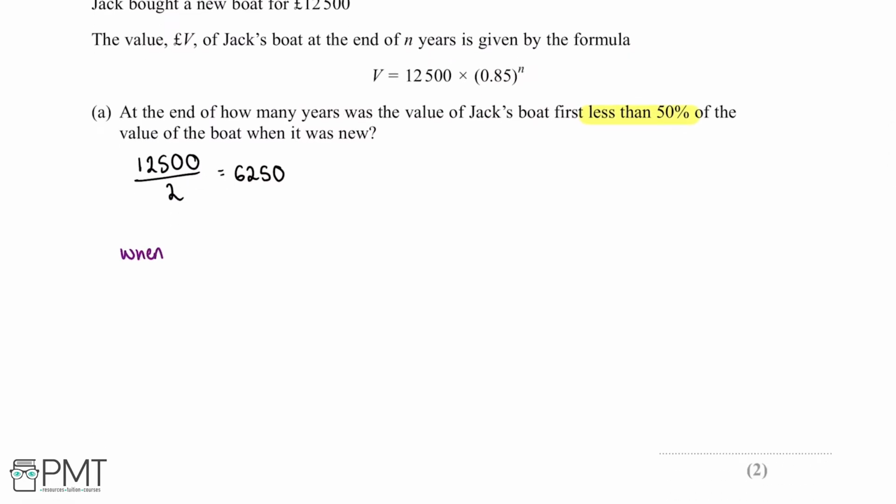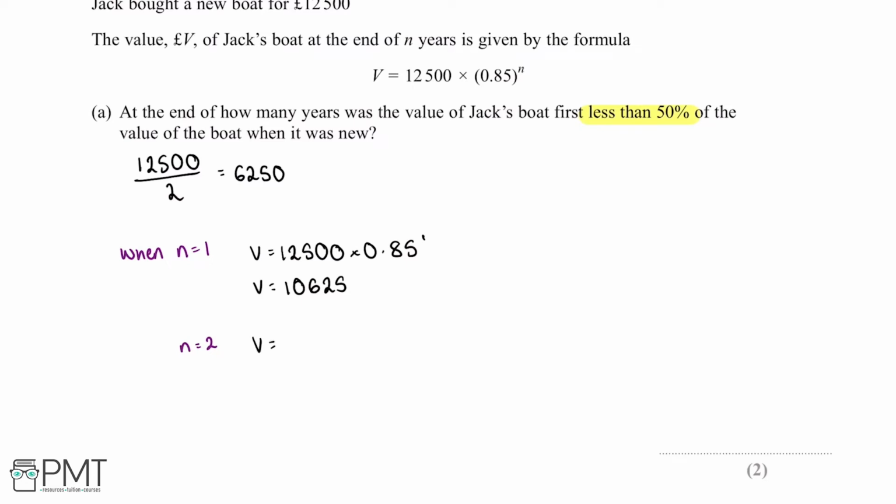So when n equals 1, V will be equal to 12,500 multiplied by 0.85 to the power of 1. And this tells us that V is equal to 10,625. Now 10,625 is not less than 6,250, so we can move on to when n equals 2.